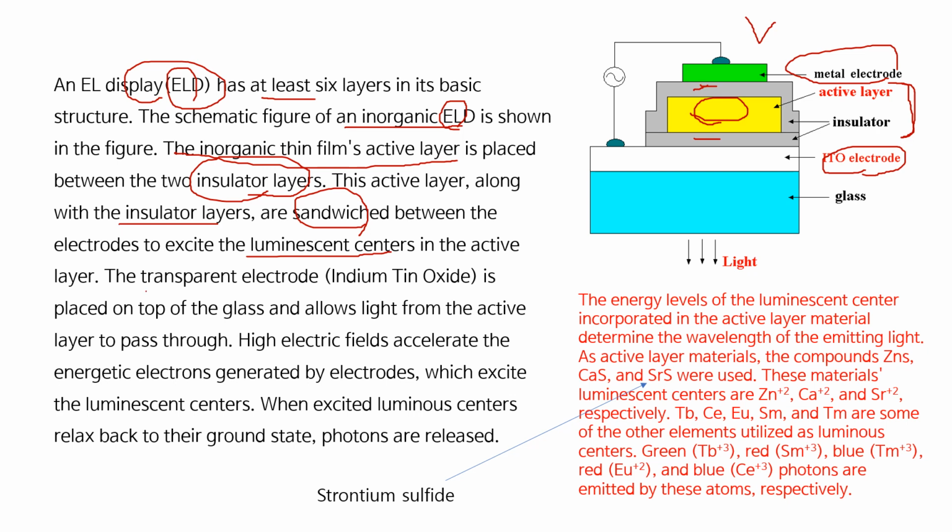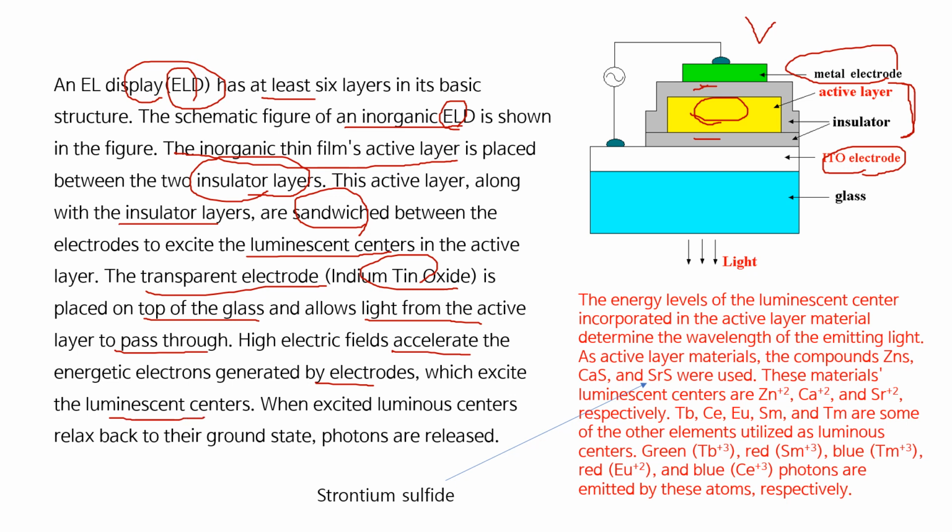The transparent electrode, indium tin oxide, is placed on the top of the glass and allows light from the active layer to pass through. High electric fields accelerate the energetic electrons generated by electrodes, which excite the luminescent centers.